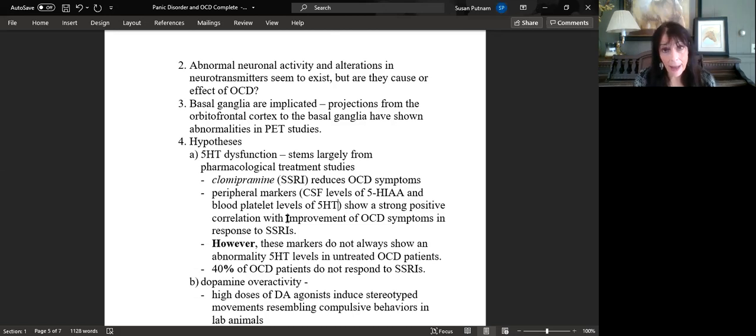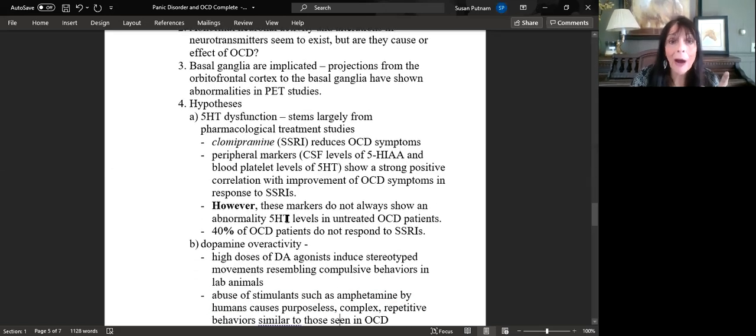And on top of that, 40% or thereabouts of individuals with OCD do not even respond to SSRIs. Okay, so it must be something else. Well, it might be this, or there might be another contributory factor, or it might be both. And so let's take a look at, you knew this was coming too, I think, dopamine overactivity.